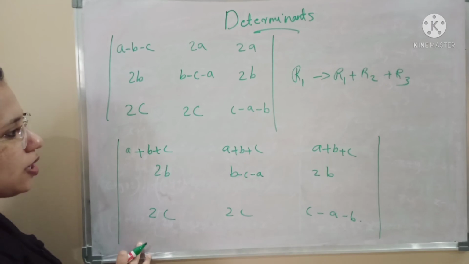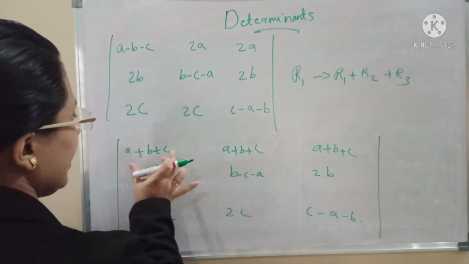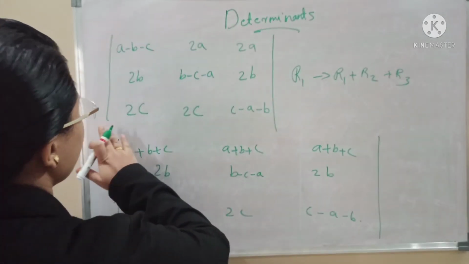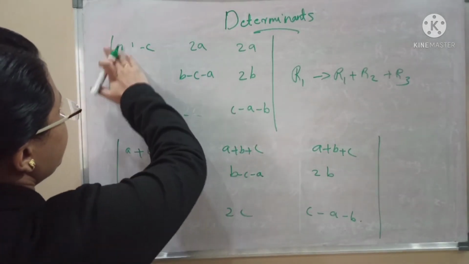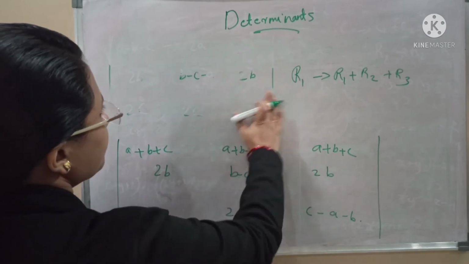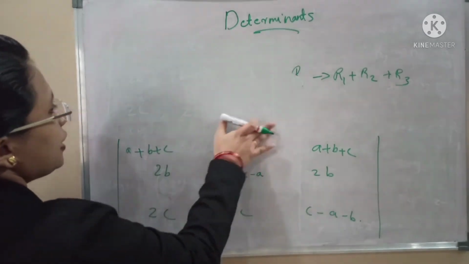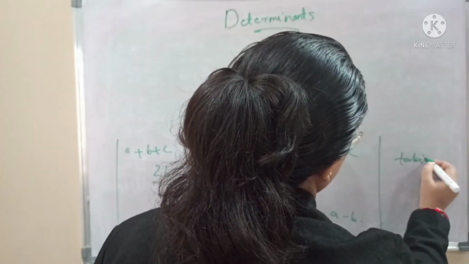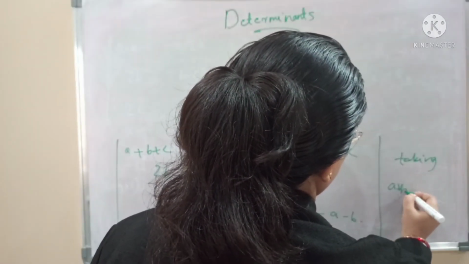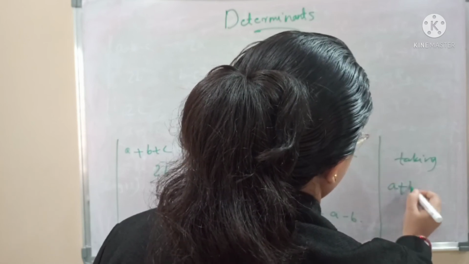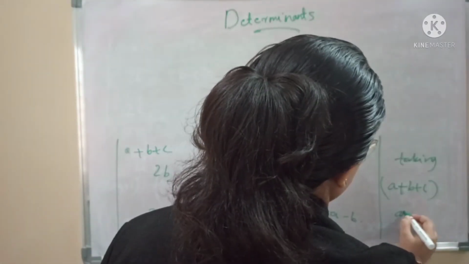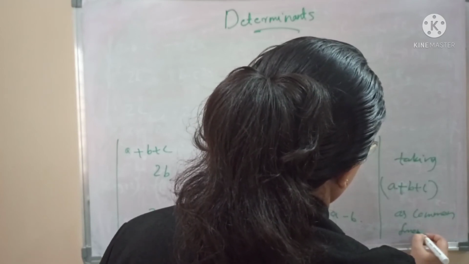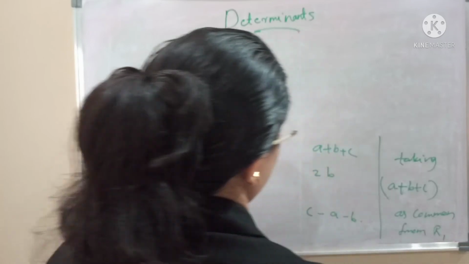So now what is the next step? You can take this thing as common, right? So you can write, taking A plus B plus C as common from R1.